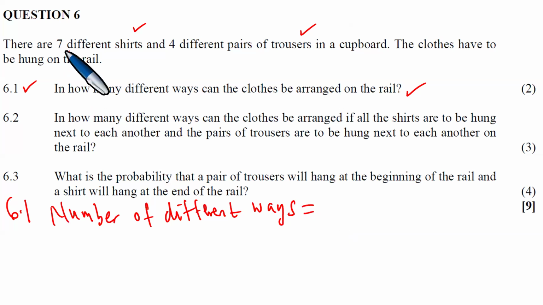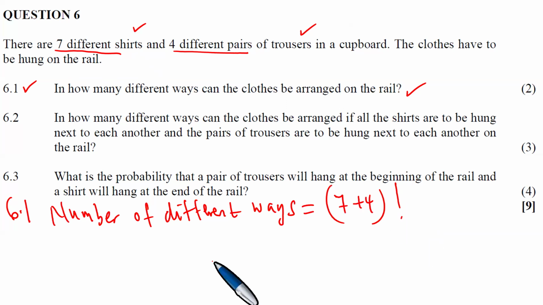And this is it, because these are different. If they're different, then we have the 7 and the 4, and we factorial them like this. So well done. We have 7 and 4, they give us exactly 11, and we factorial the 11.